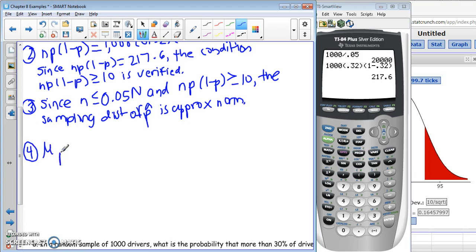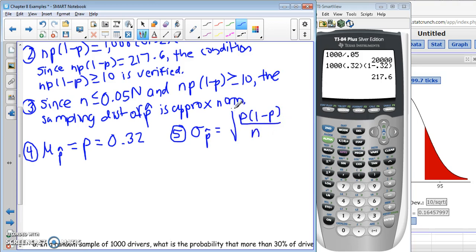So mu sub p hat, which lets us know we're working with the sampling distribution of p hat, working with proportions, is p, which in this case is 0.32, and sigma sub p hat is the square root of p times 1 minus p divided by n. So we're going to plug everything in here.